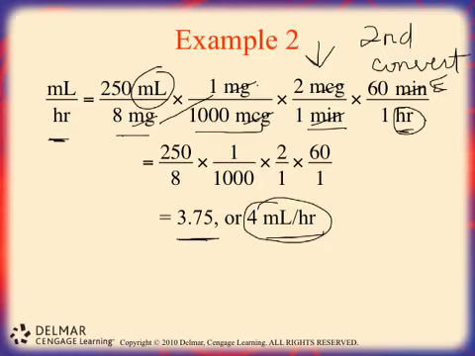Now if you did have an IV pump that delivered fractions of a milliliter, you could give 3.8 milliliters per hour. That would just depend on your pump, and so your problems will tell you, if you're on a test, it will tell you what to round it to. If it doesn't say anything, you round it to a whole number.